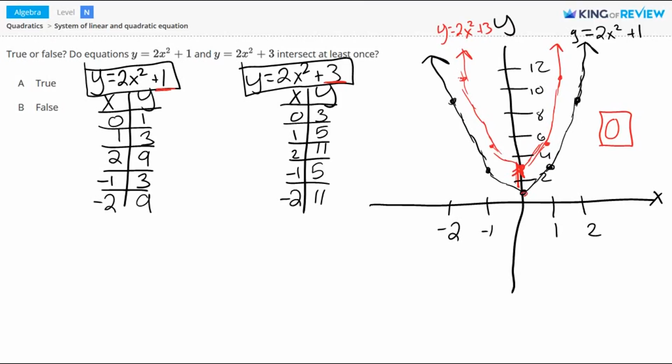This point here was 0, 1, and this other point here was at 0, 3. So that's up by 2 units. So there are no points of intersection here.